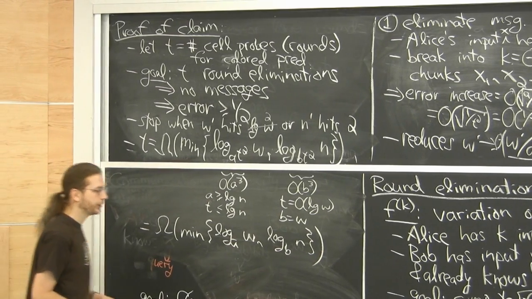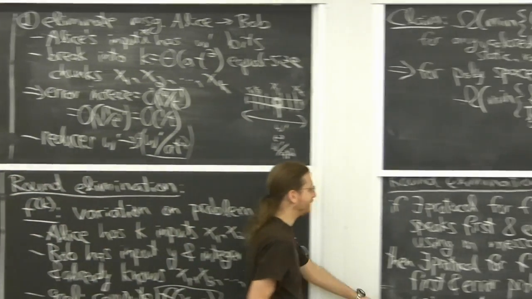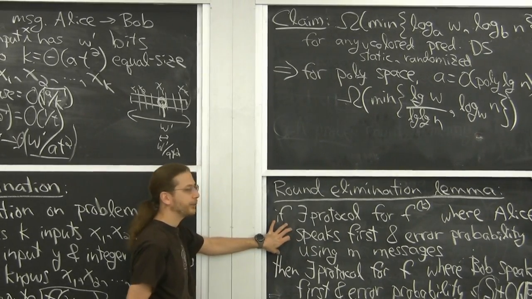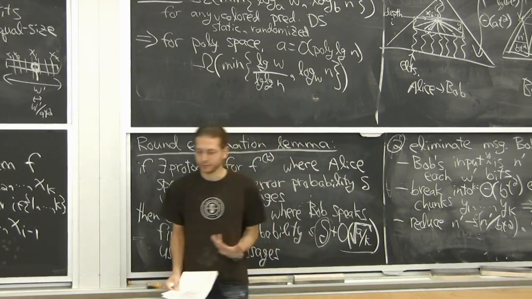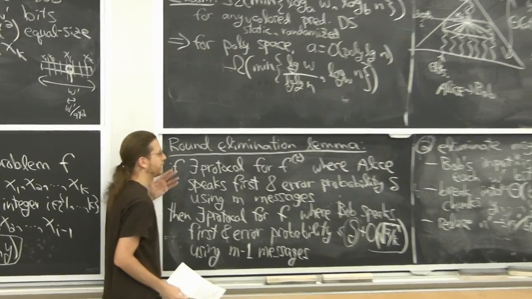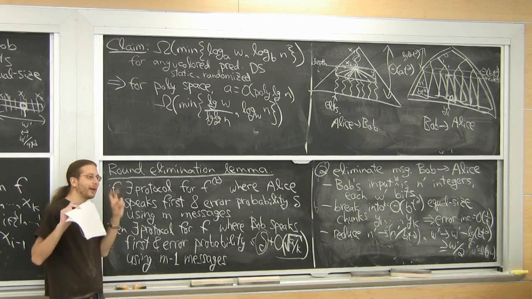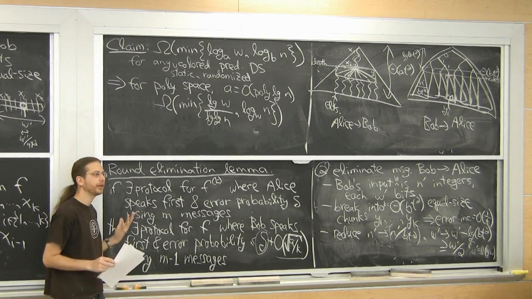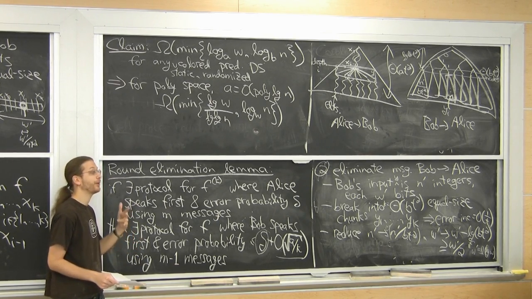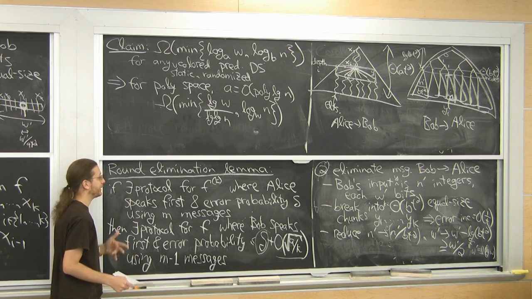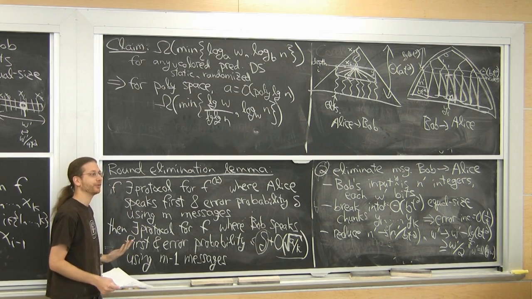Pretty cool. Now, if you look in the notes, I'll just mention this briefly. There's a couple more pages that give you a little bit of flavor of what the round elimination and that vague proof sketch, which gave the wrong answer by a square root, really means. We said, oh, Alice can only communicate, in some sense, A over K bits about xi. And you can formalize that by talking about distributions of inputs and talking about the expected amount of entropy of xi communicated by that first message.